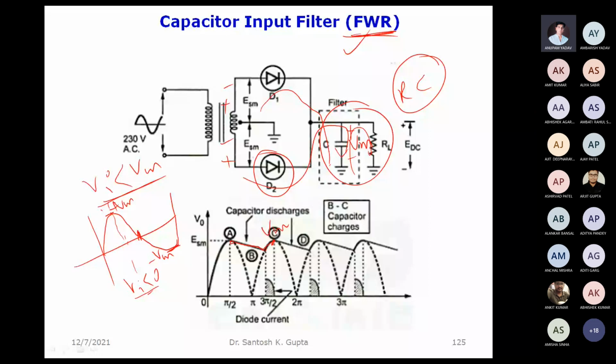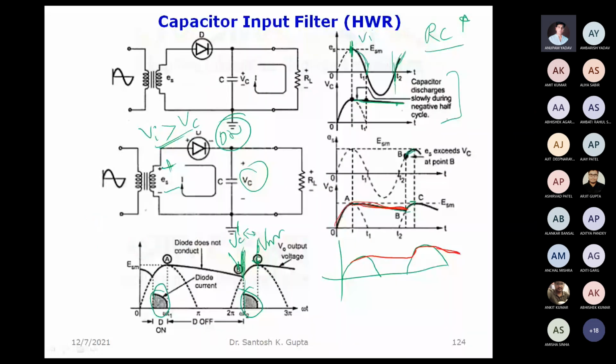Longer time here. Whereas for the full wave rectifier, this is changing twice, whereas in the half wave rectifier it is changing only once. So that is the AC signal changing frequency.